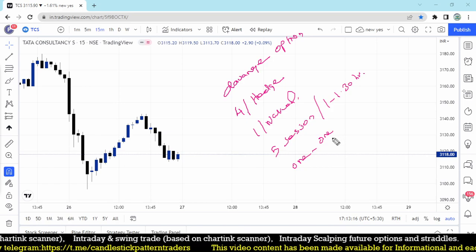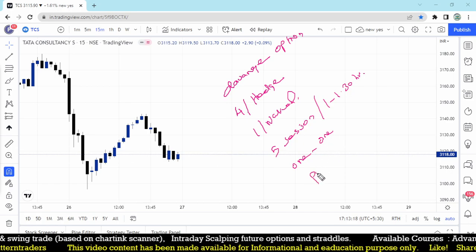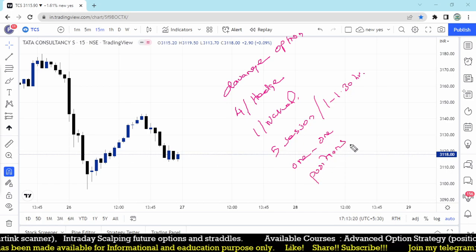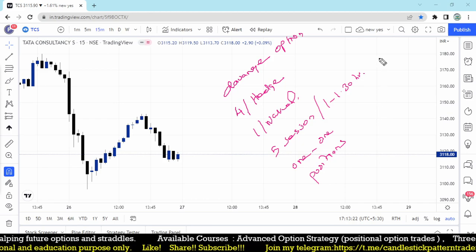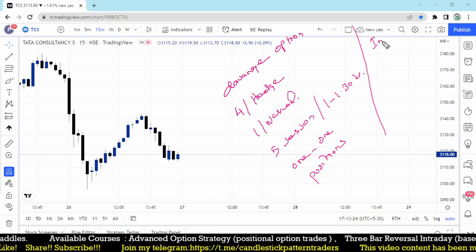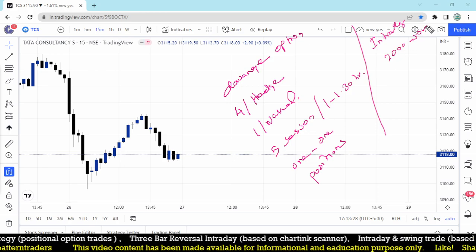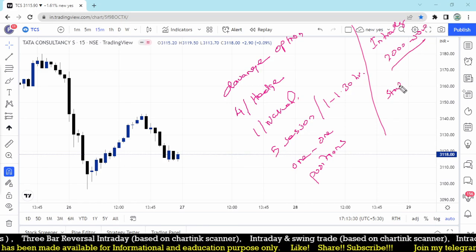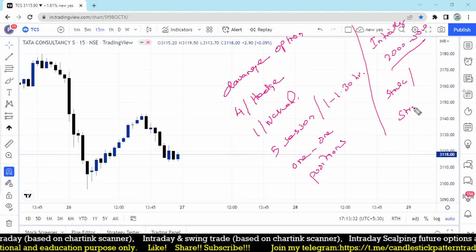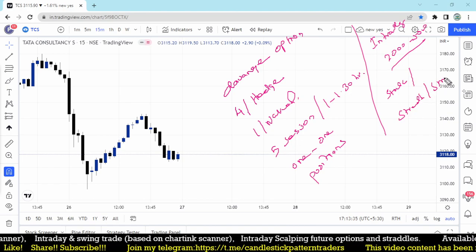This is purely for positional strategies, and the second important thing is that it is also positional. And the second strategy we are using is intraday. The intraday strategy is how to make 2000 to 5000 in intraday in stock options. And also we can talk about straddle and strangle in that class.